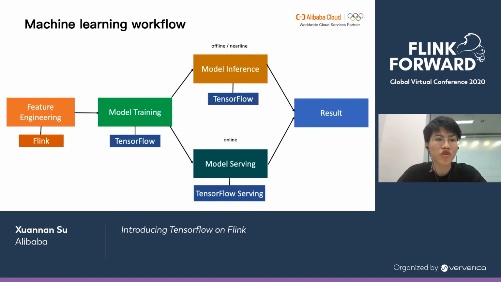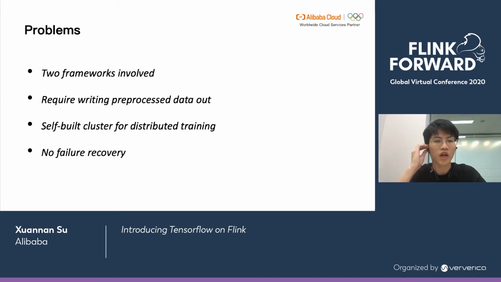Here, the machine learning workflow can work, but it also has some shortcomings. As we can see, one simple machine learning project can have multiple steps. We have feature engineering, model training, and inference. And we need to use both Flink and TensorFlow to complete the work.